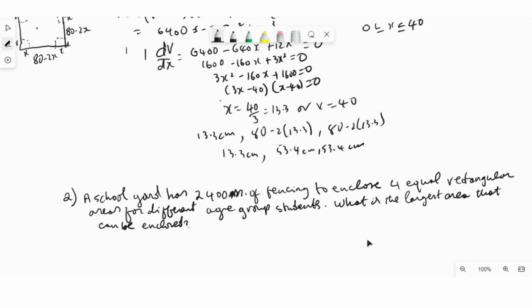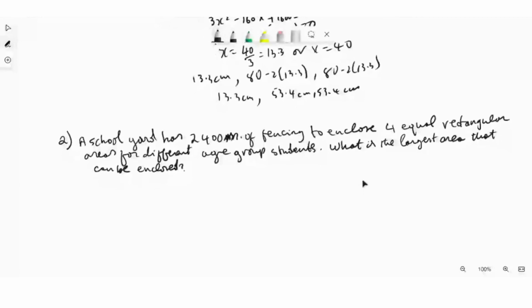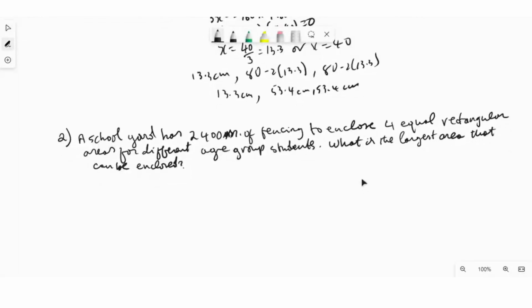So our question is, we are given a rectangular thing which we will expect 5 sides here. So this is that, and then we divide this into 4 equal parts.